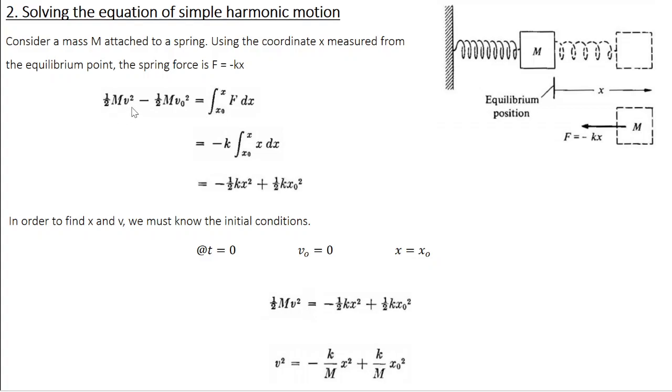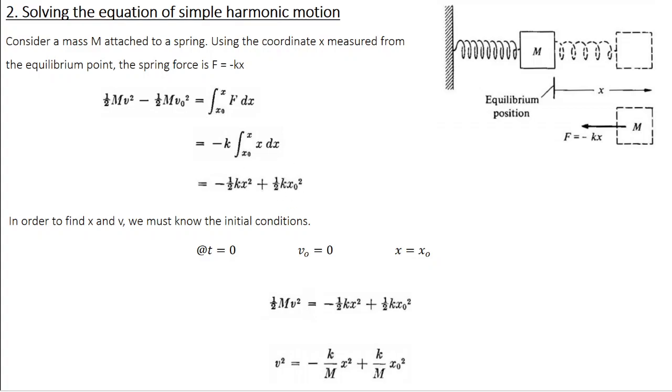We have half mv squared minus half mv0 squared equal to the integral from x0 to x of F dx. Substitute for F, you get minus k times the integral from x0 to x of x dx. The integral of x is half x squared, and when you apply the limits, the right hand side becomes minus half kx squared plus half kx0 squared.